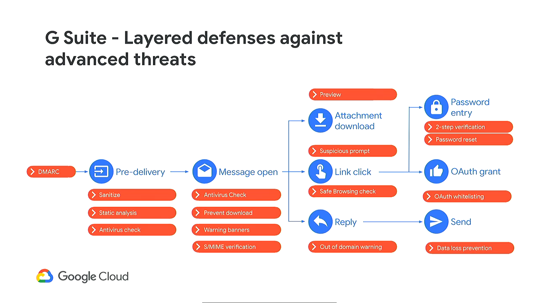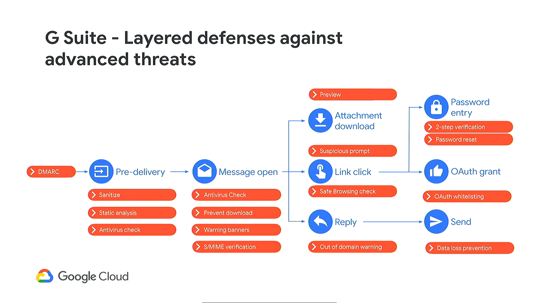We provide different layers of protection via Gmail, Chrome, and security keys for account protection against hijacking. We use a breadth of technologies, clustering, machine learning models, using thousands of features. We use computer vision for images, static or dynamic analysis of attachments, and the security sandbox that I mentioned.